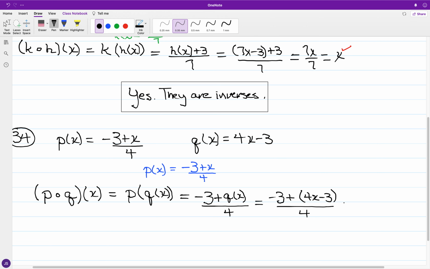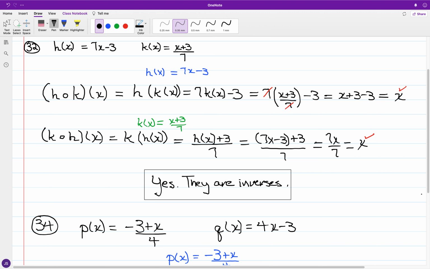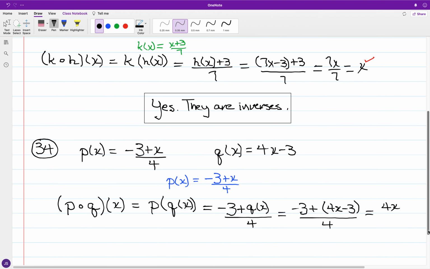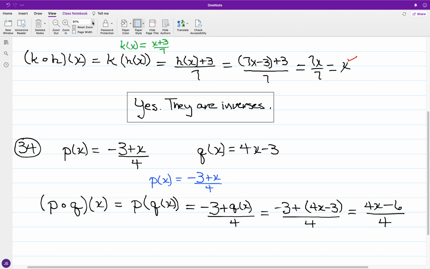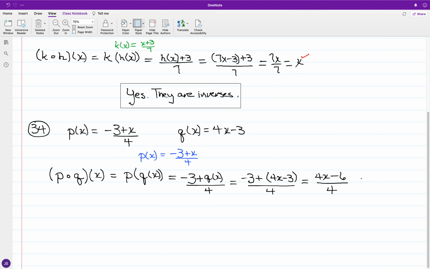As we combine terms, notice we have 4x, and if I had the cancellation of the constants like what I presented in number 32, I would have the composition reduce to x. But instead, I have negative 3 to repeat, and those combine to negative 6. So I have 4x minus 6 all over 4. And guess what? In terms of the reduction, that is not going to come out equal to x.